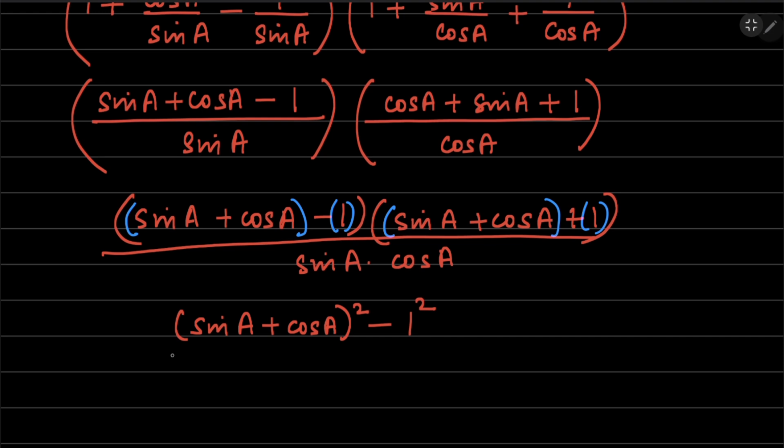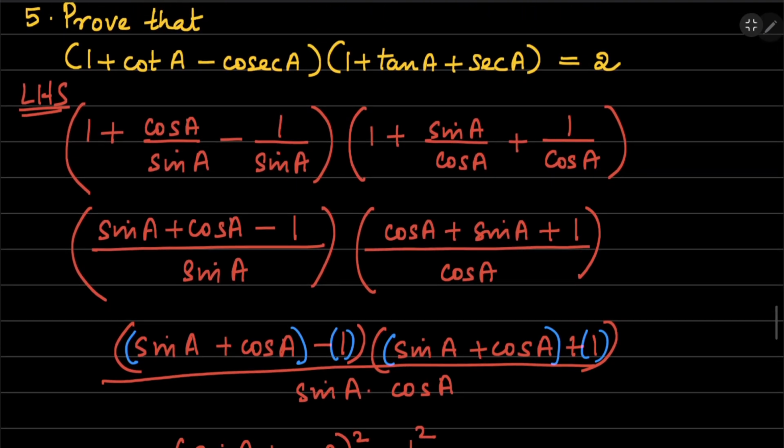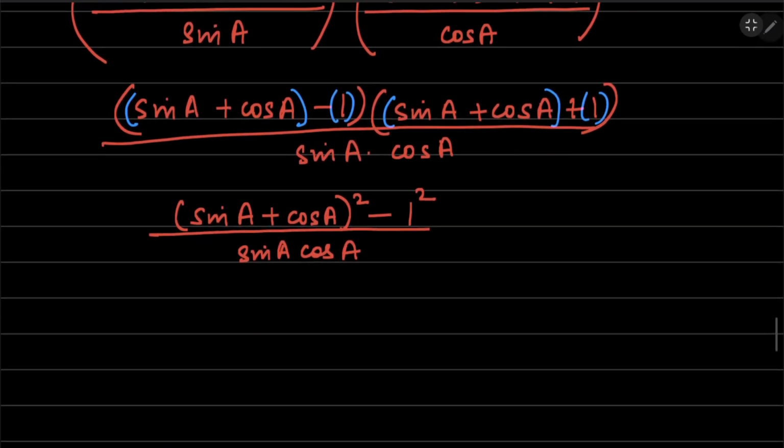A square minus B square, okay, whole divided by the denominator term sin A cos A. You have to prove it equal to 2. Now let us open the brackets. Use (A plus B) the whole square. So what is (A plus B) the whole square?